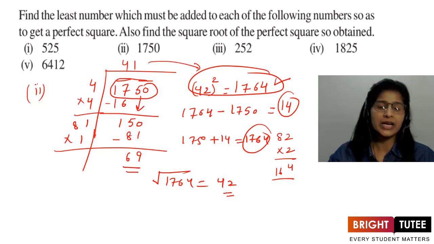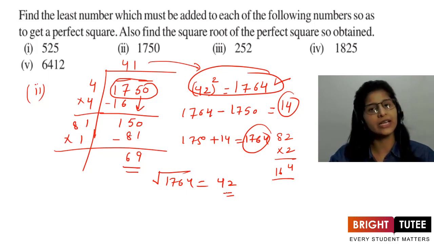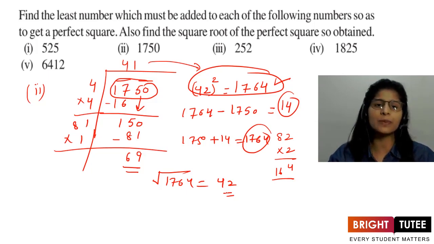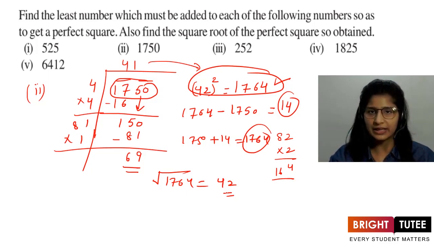Quotient here is 41. Take the next number after 41, it is 42. Do the square of 42, you get 1764. From this number, you have to subtract your original number and it gives you 14. So 14 is the least number which must be added to this number so that it becomes a perfect square, because 1764 is a square of 42, square root of 1764 is 42. Clear? So this is how we are going to solve.